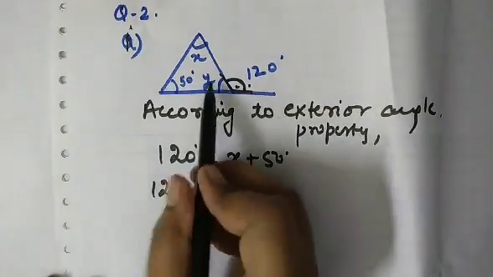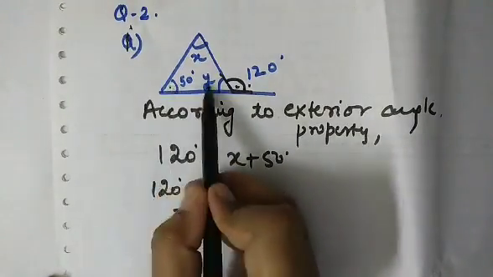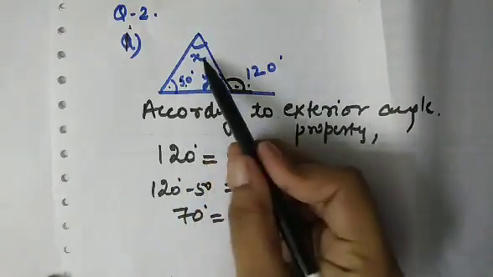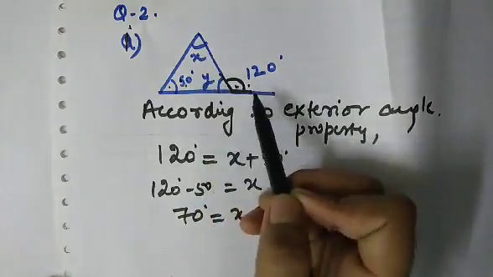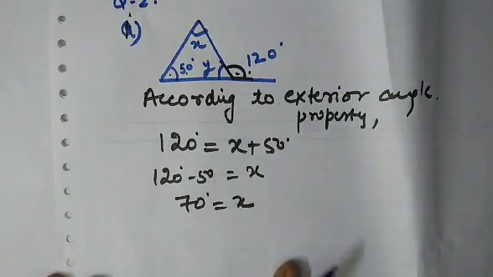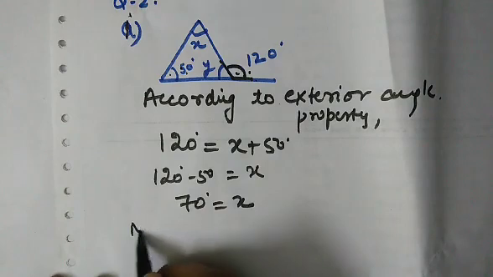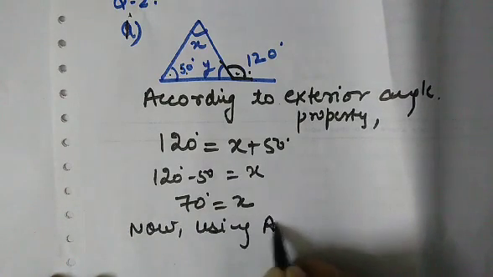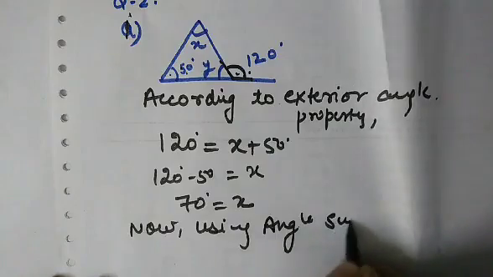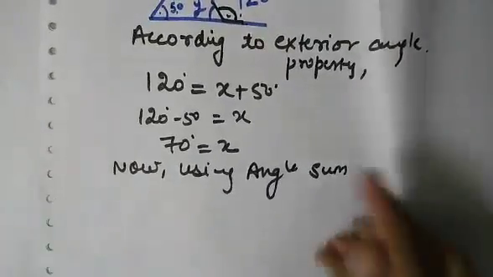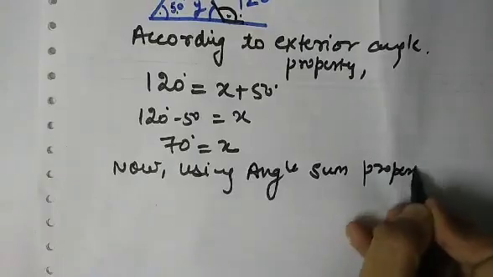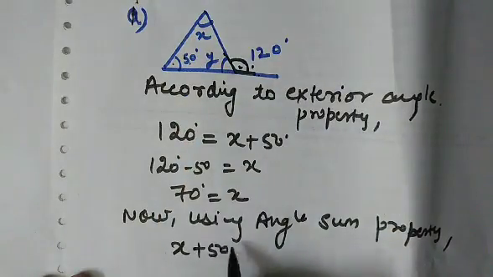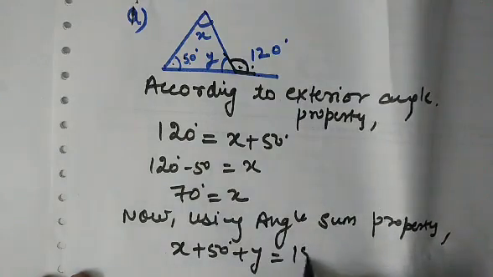Now you can apply the angle sum property. As we know, two angles are given, that is 50 and this is 70, so I can find y according to the angle sum property. Using the angle sum property, you have to mention this, we have x plus 50 plus y equals 180.